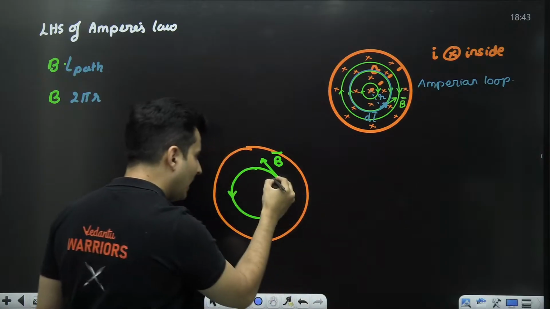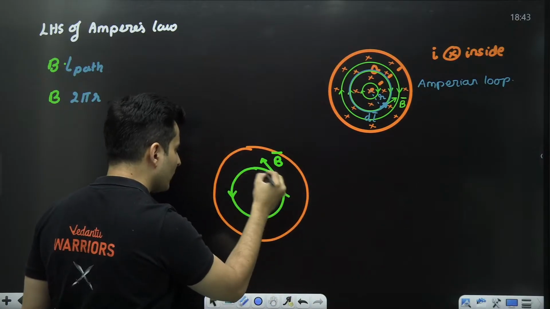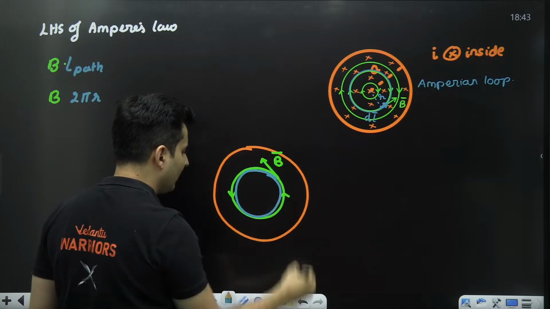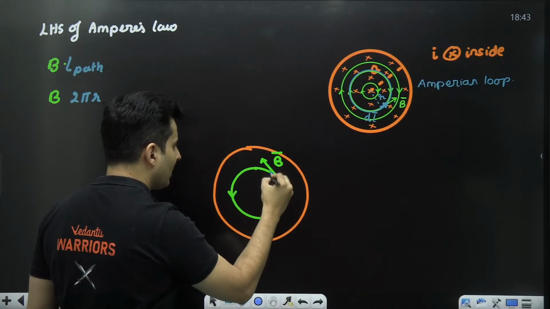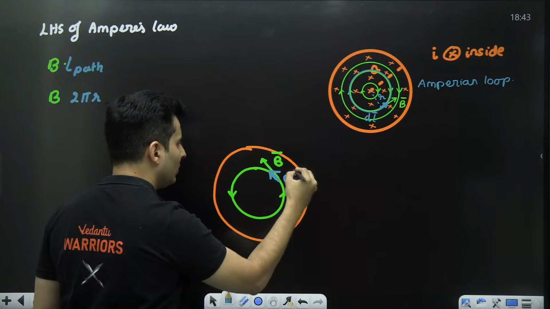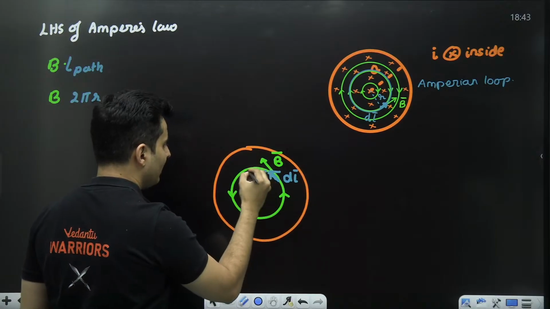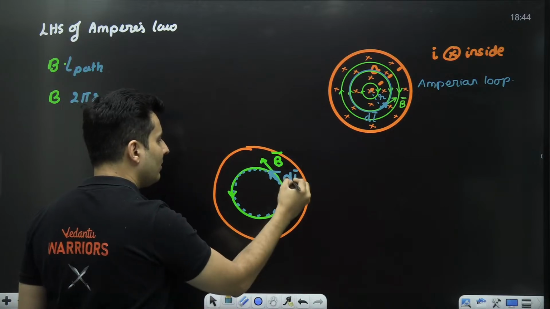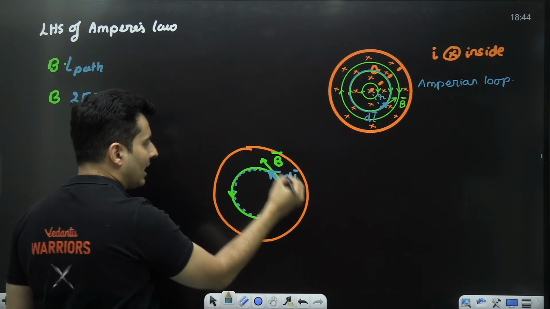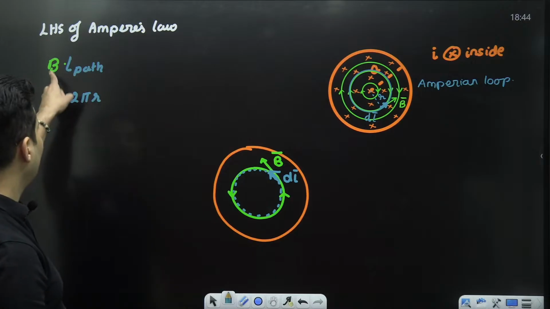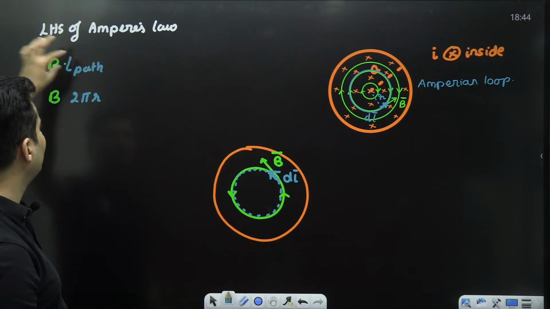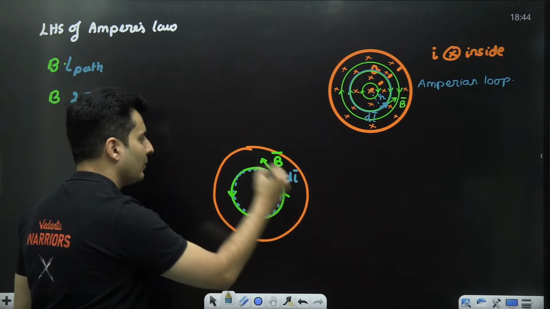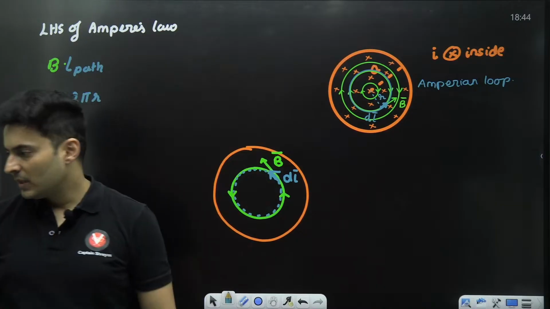If I choose my Amperian loop exactly along that magnetic field line, everywhere my magnetic field is parallel to the Amperian path. So the angle between them is 0. Because the angle between them is 0, it will become a very simple term, B into the length of the path. Is that okay?